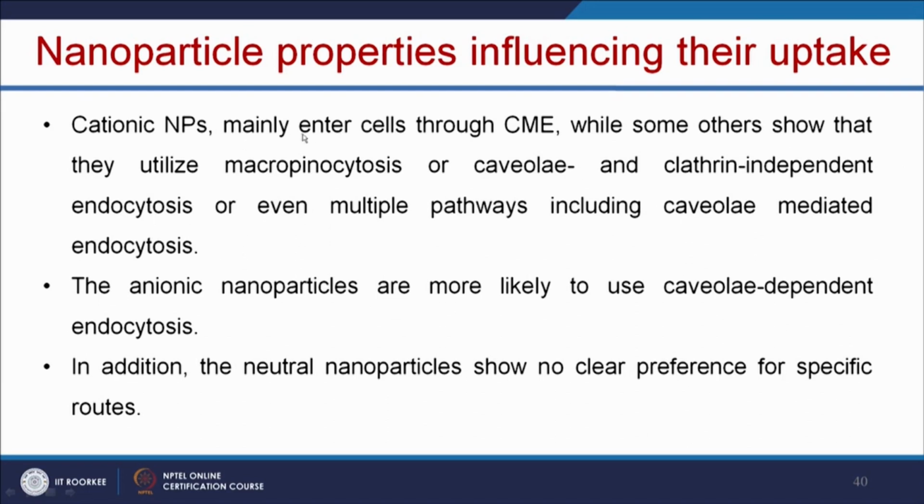Cationic nanoparticles mainly enter the cells through clathrin-mediated endocytosis, and some research shows that they can utilize macropinocytosis or caveolae- and clathrin-independent endocytosis, or even follow multiple pathways including caveolae-mediated endocytosis. The anionic nanoparticles are likely to be taken up by caveolae-dependent endocytosis, and for the neutral nanoparticles there is no clear preference for specific routes.